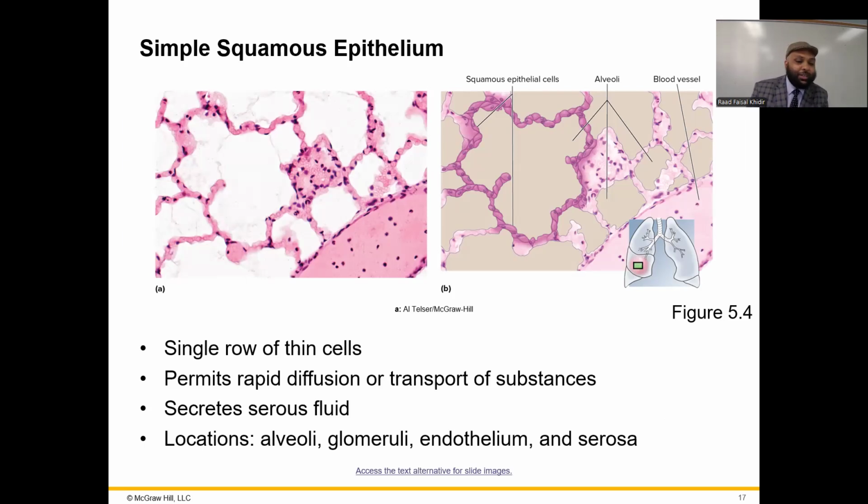So the simple squamous epithelium is a single row of thin cells, and they permit the rapid diffusion or transport of substances, and it secretes serous fluid, and the locations are the alveoli, the glomeruli, the endothelium, and the serosa.